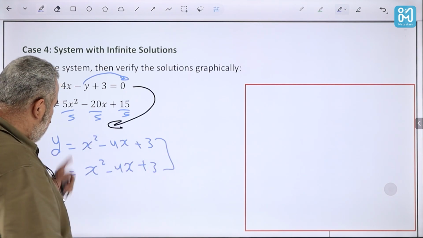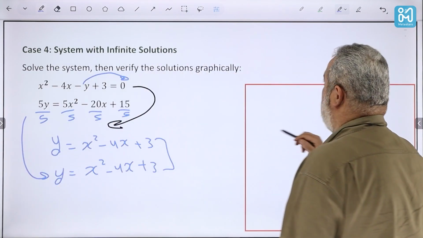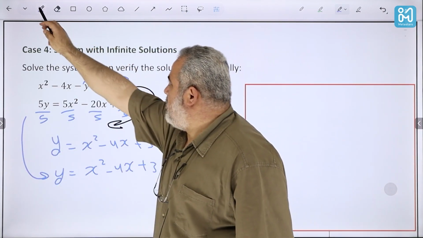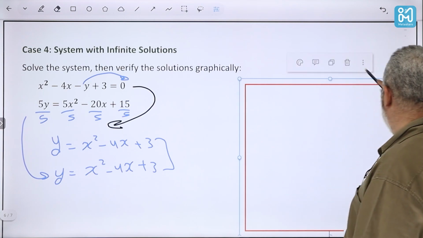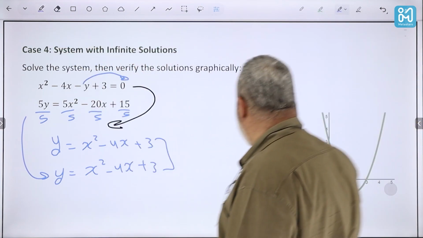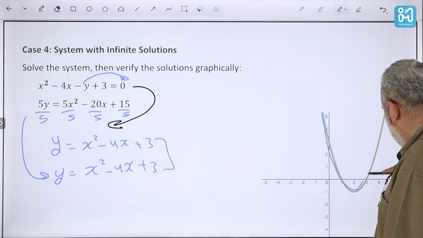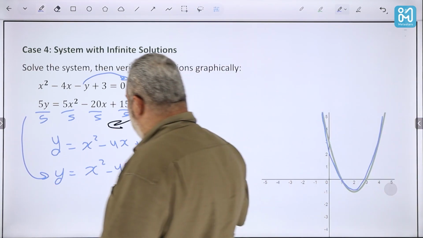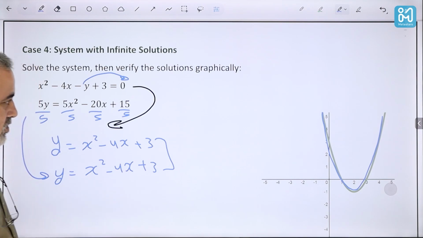So actually, both equations are on the same graph. If we go back to the graph, which is hidden here, they both are on the same graph. So this is a way to show that both equations are the same.